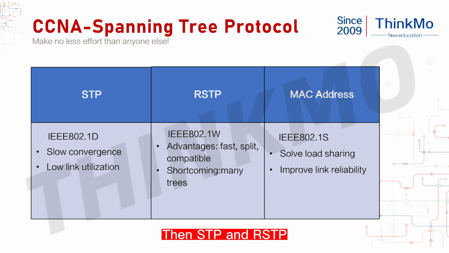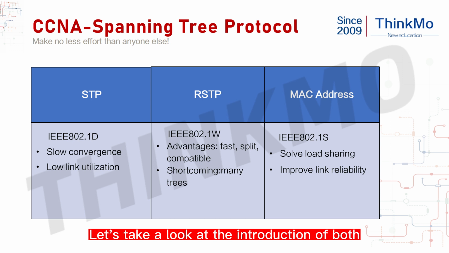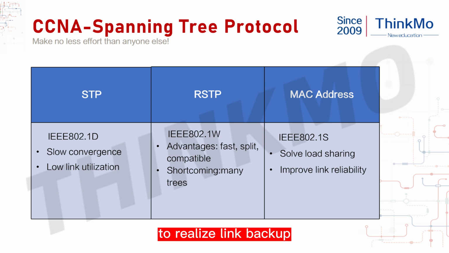Then STP and RSTP. What's the difference between them? Let's take a look at the introduction of both. In an Ethernet switched network, to realize link backup and improve network reliability, redundant links are usually used. But this brings network loop problems.